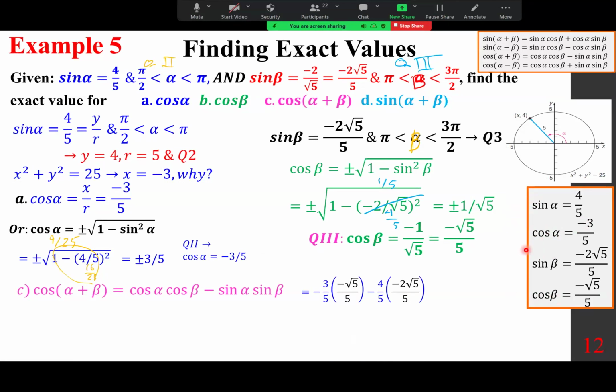I hope you see that you have minus. Actually, minus and minus becomes plus because this is negative, and so is this one. So plus 3 square root of 5 over 25. The other one is plus 4 times 2, 8 square root of 5 over 25. And 8 and 3 make 11 square root of 5 over 25.